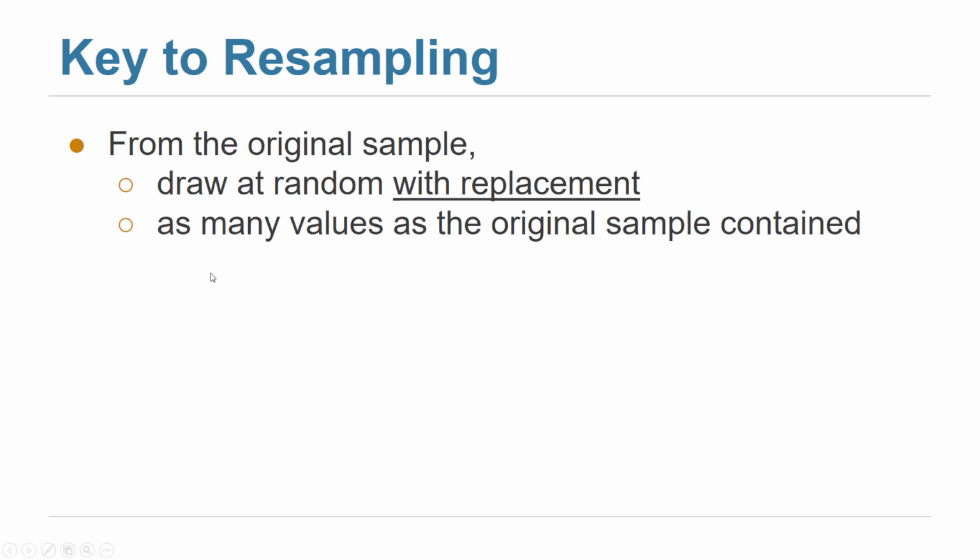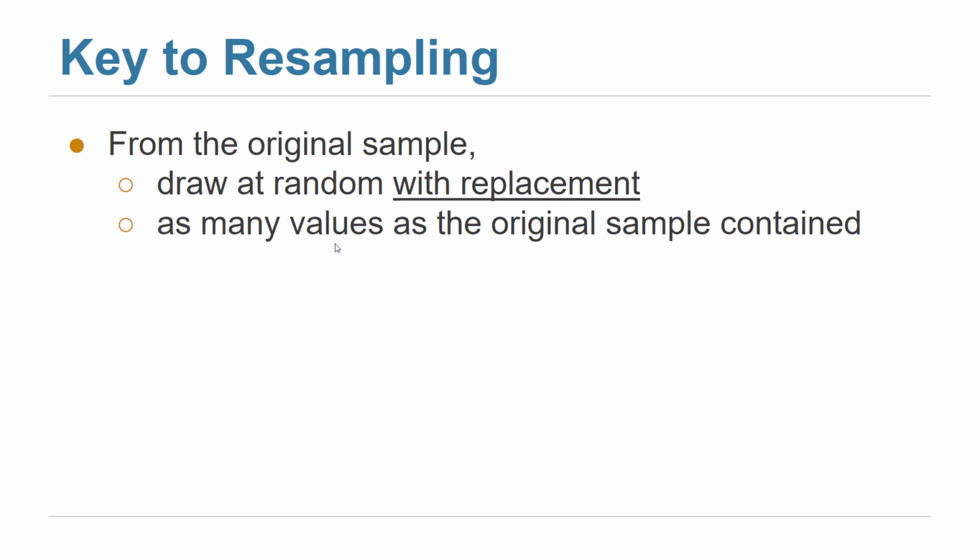Now let me first explain why we need as many values as the original sample contained. That's because we want to compare the new samples with the original sample. We cannot compare the estimated values of the parameter coming from these samples with the estimate of the original sample unless they are of the same size. So the new samples have to be of the same size as the original sample.